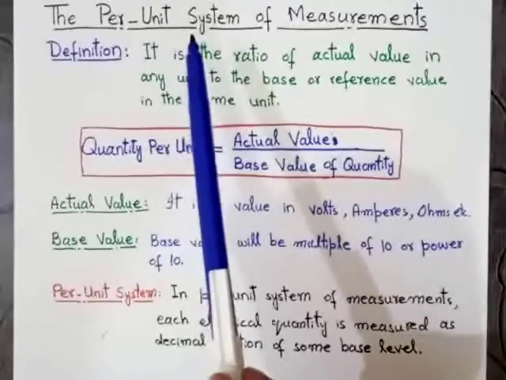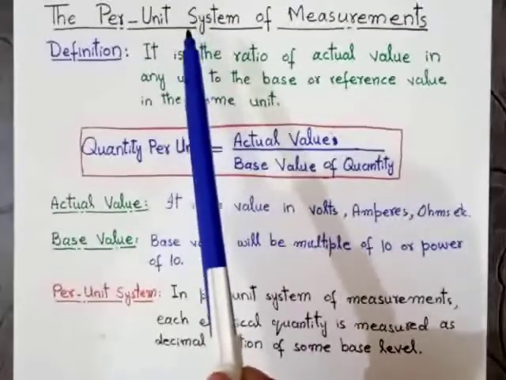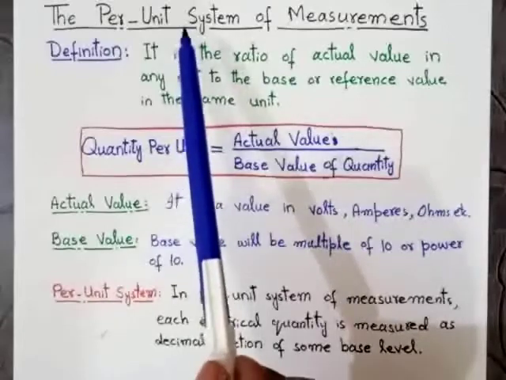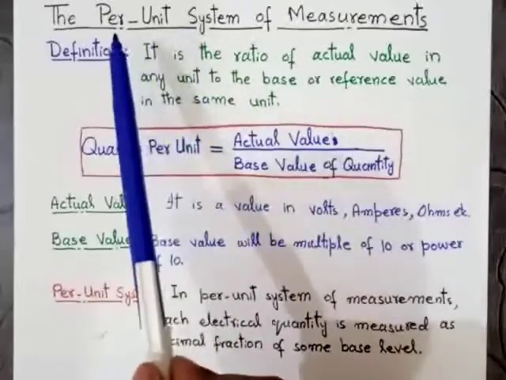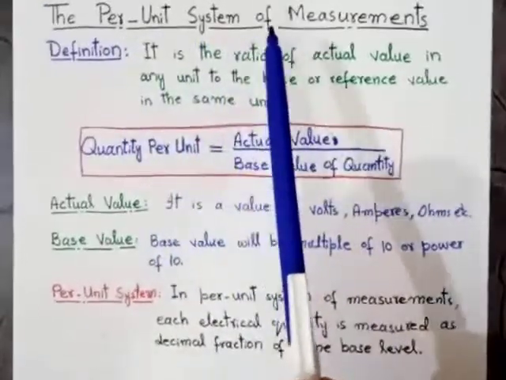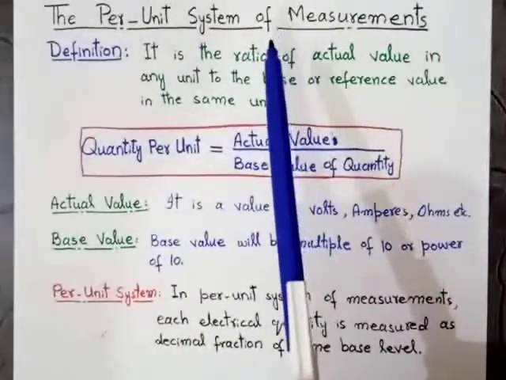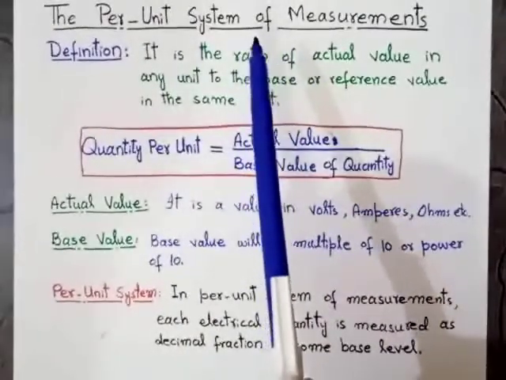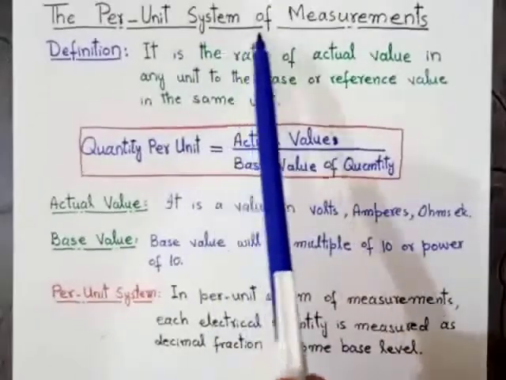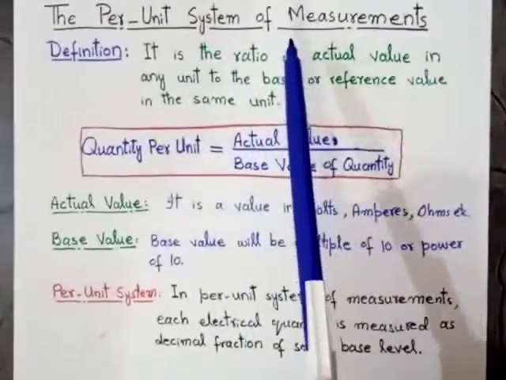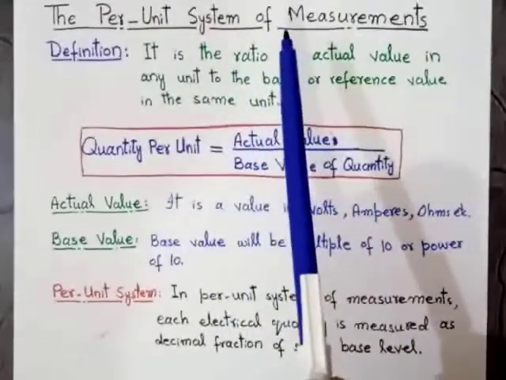So this is another technique to solve the circuit which contains the transformer. This is called the per unit system of measurements. By using this technique, we can solve the circuit easily.